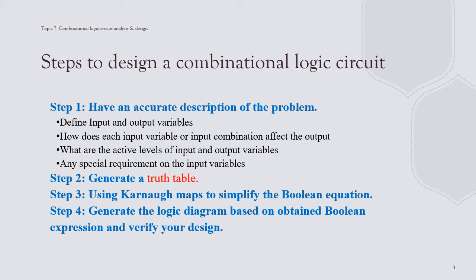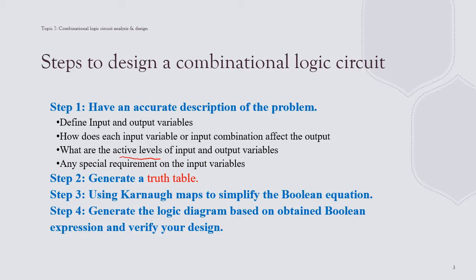Another important thing is that we need to understand the active levels of the input and output variables. About active levels, we will talk shortly. Also, if there's any special requirement, we need to know what they are and what we can do to realize them.